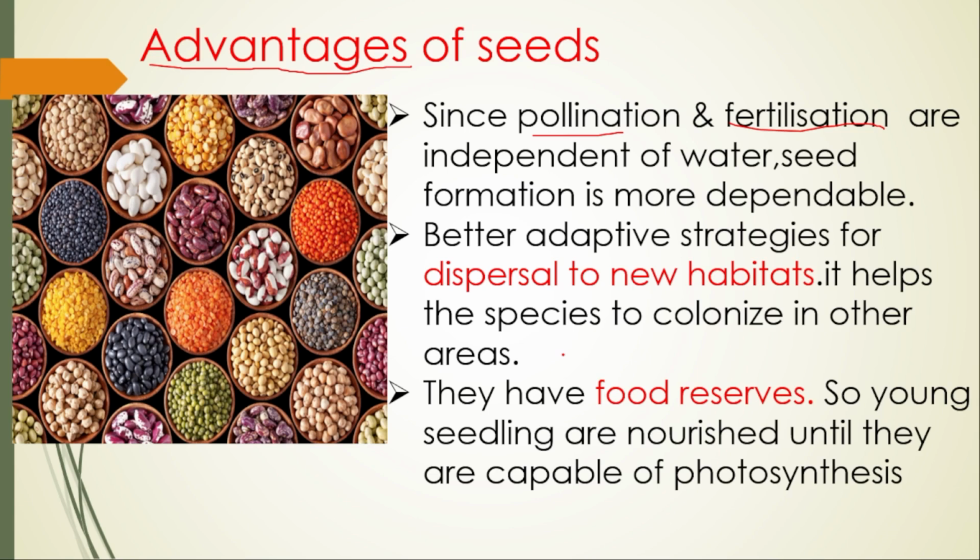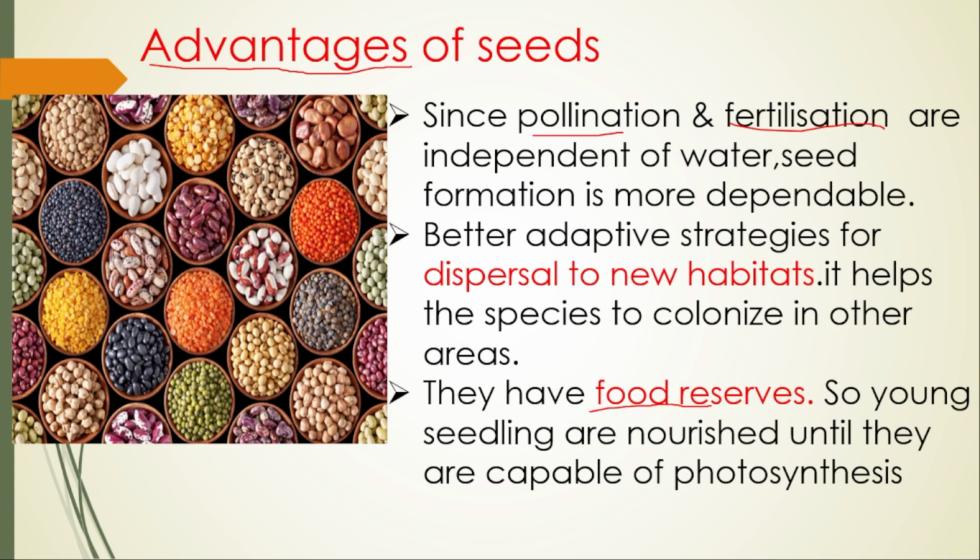Will you leave that seed wherever the mango tree is? No, you will throw it somewhere else, so that the mango is colonizing somewhere else, which we call species dispersal. They have food reserve material, so that the young seedlings are nourished until they are capable of photosynthesis. There will be a food store.